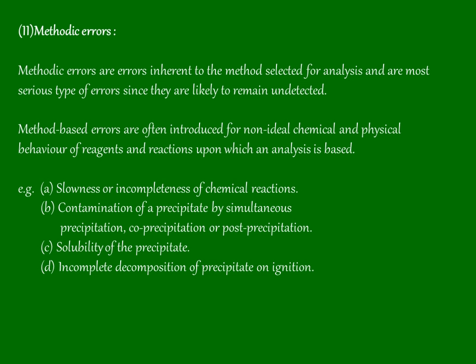Now another type of error, that is methodic errors. Methodic errors are errors which are inherent to the method selected for the analysis, and are the most serious type of errors since they are likely to remain undetected.